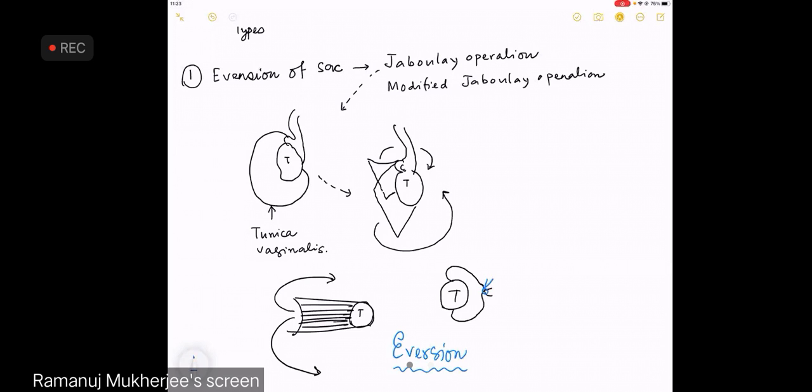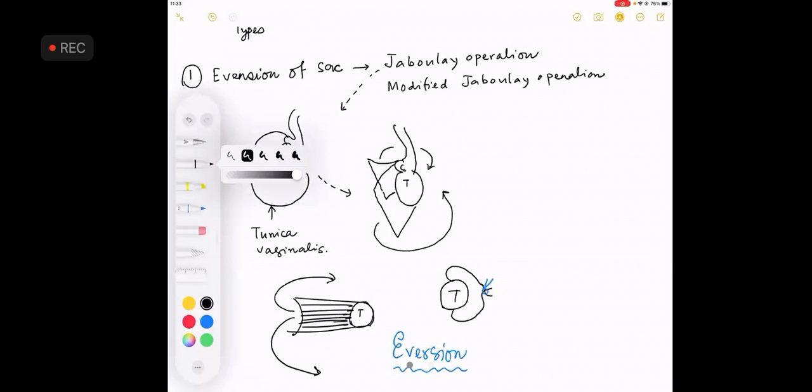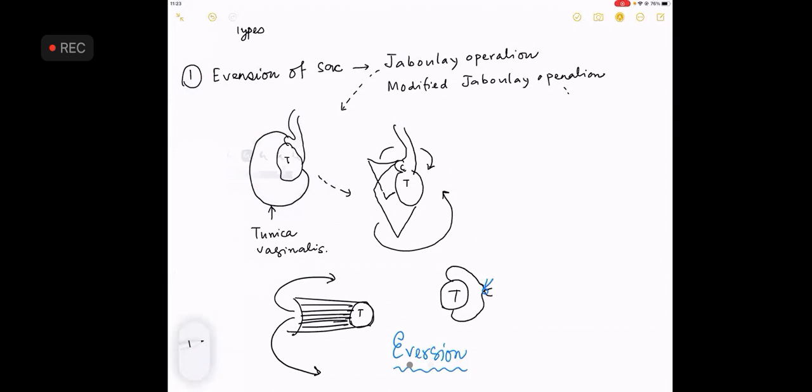Okay. Now the only modification in this operation is that the excess part of the tunica can be excised. That means whatever is excess, the tunica can be large.